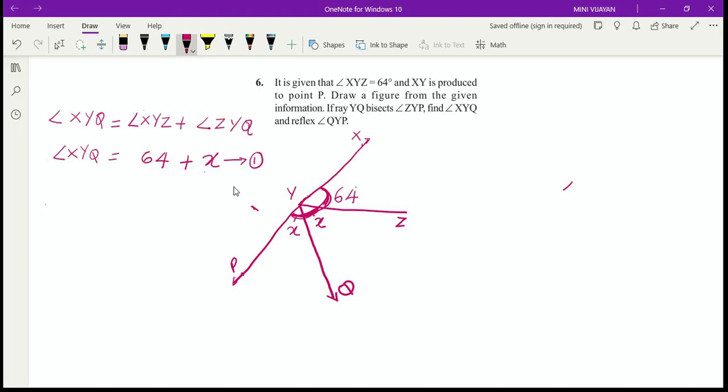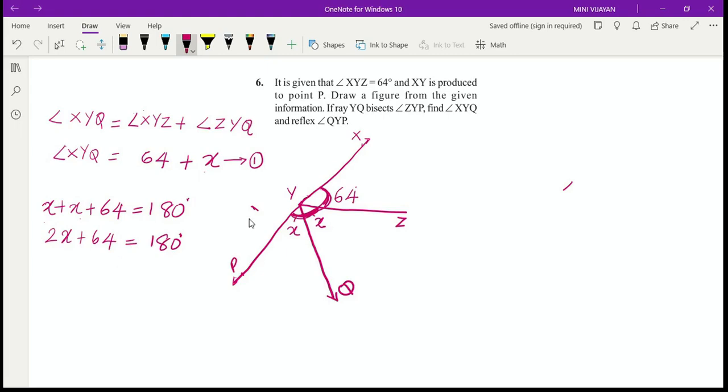So just write the equation. First angle I can write as x, plus x, plus 64, which is equal to 180. You understood the reason? Because they form the straight line XYP. Now, x plus x is 2x. So 2x plus 64 is equal to 180.